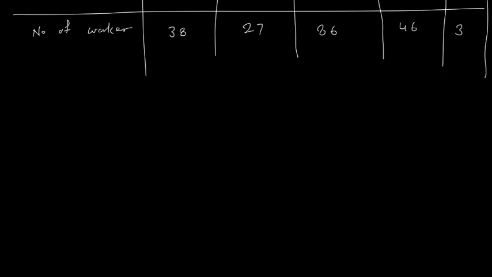So first let us calculate the total number of workers. 6 plus 3 is 9, 9 plus 6 is 15, 15 plus 7 is 14, 15, 15 plus 15 is 30. So 3 carry, 3 plus 3 is 6, 6 plus 2 is 8, 8 plus 8 is 16, 16 plus 4 is 20. So total 200 workers are there.